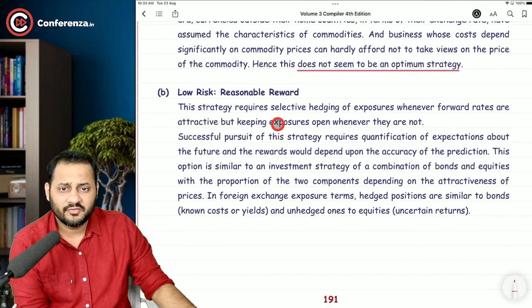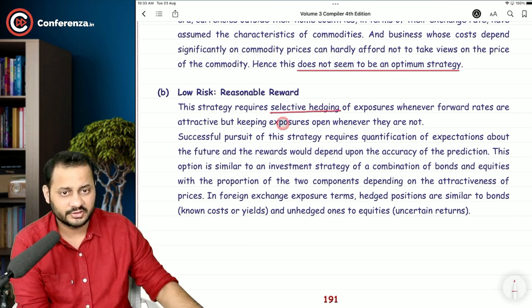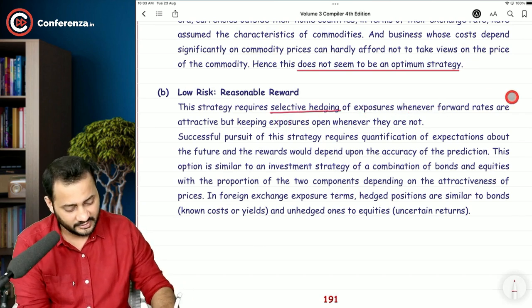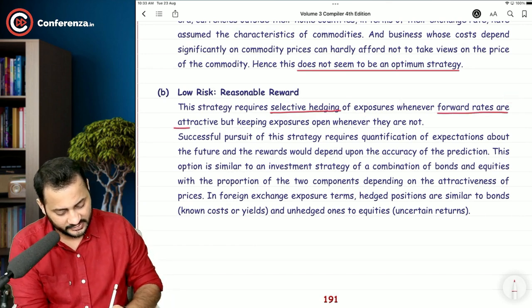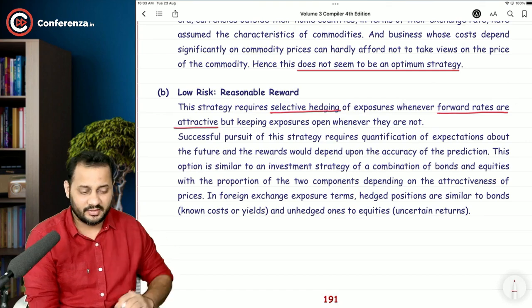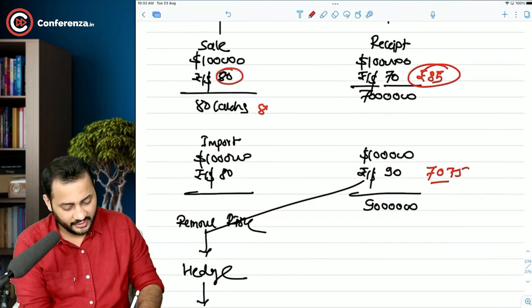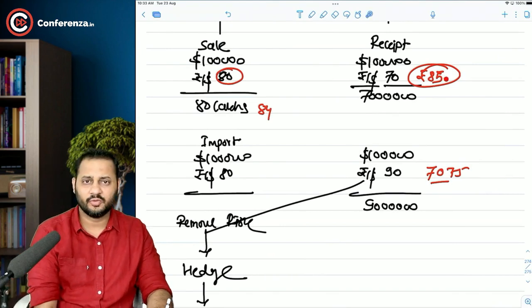This strategy requires selective hedging. Underline this word, selective hedging of exposures whenever the forward rates are attractive. See, sometimes the forward rates are very attractive. It's 80 and someone is quoting you like 84 and you are expecting it to go to 85.